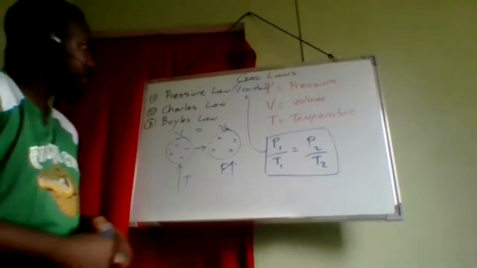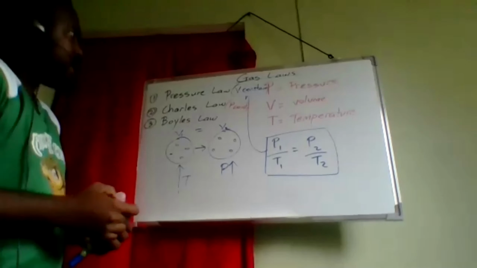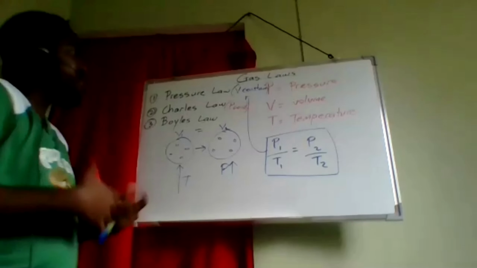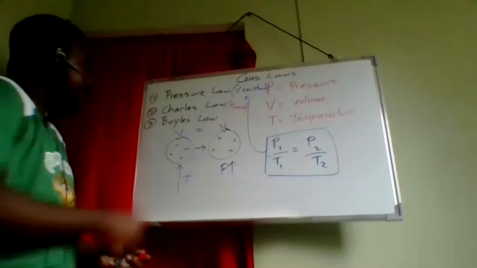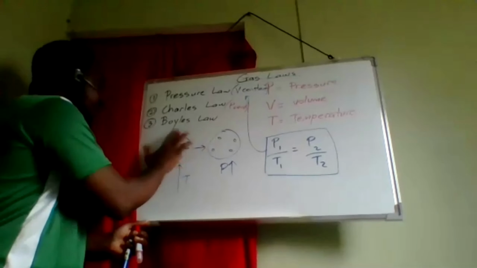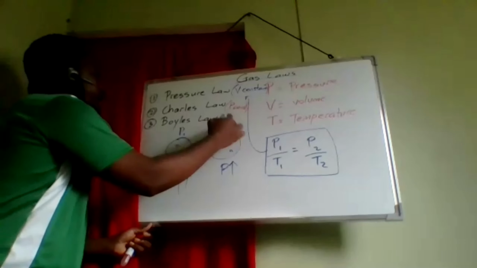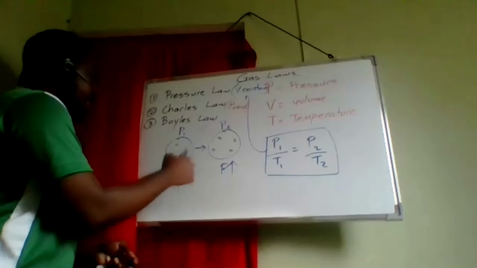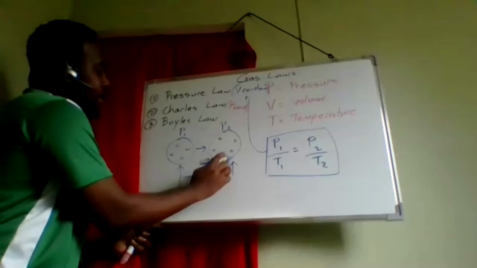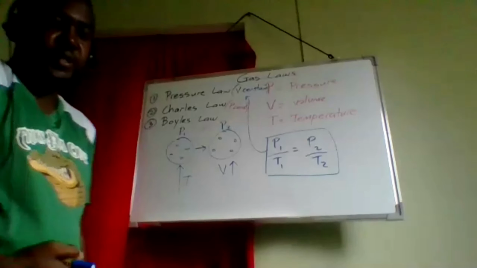All right, let's go to Charles' law. Now with Charles' law, what is constant here is pressure, right? So in Charles' law, we have pressure being constant. And what it's saying is now the volume is not constant, but the pressure that these gas particles will exert will be the same, right? So in this case, if we increase the temperature, then that means our volume of the gas also increases.